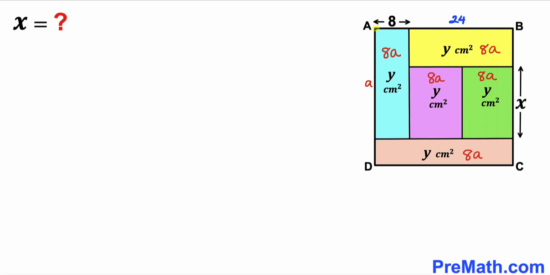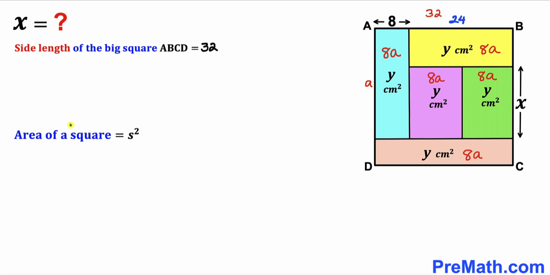So therefore we conclude that this whole length AB is going to be 8 plus 24, and that is going to give us 32 centimeter. So therefore the side length of this big square ABCD turns out to be 32 centimeter. And now let's recall the area of a square formula. Area equals S squared, where S represents the side length of the square.